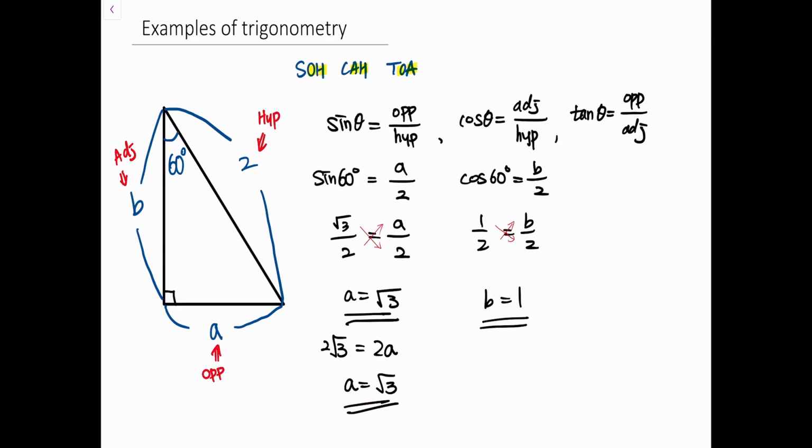In fact, after we have calculated the value A using the sine ratio, we didn't really have to use the cosine to find the B value.